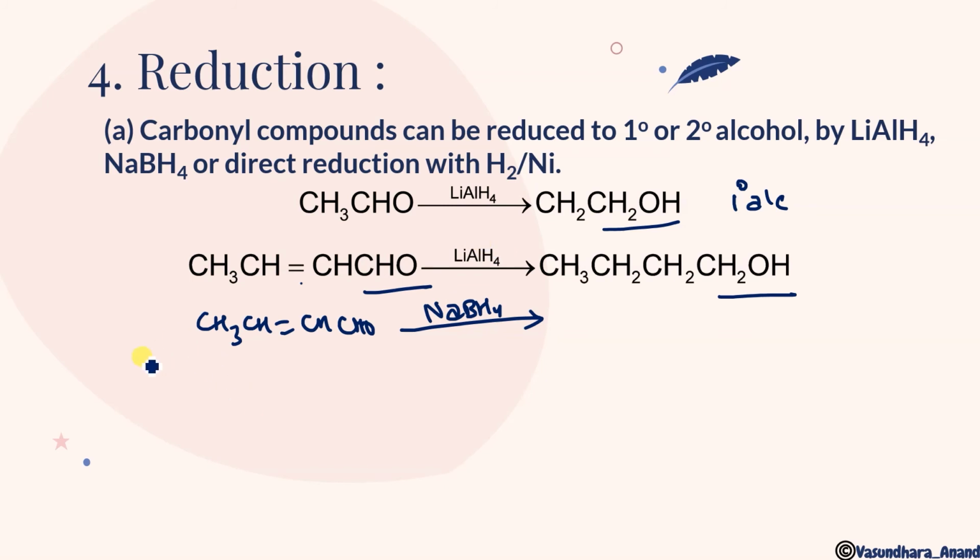Another example, if I'm giving you CH2=CH-CH2-CHO, and then lithium aluminum hydride if I'm using, what will be the product? Here the double bond will remain like that. It is not going to reduce because this is not directly attached to the carbonyl group or to the polar compound.